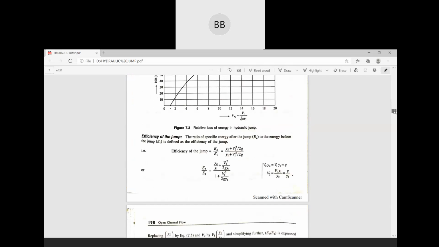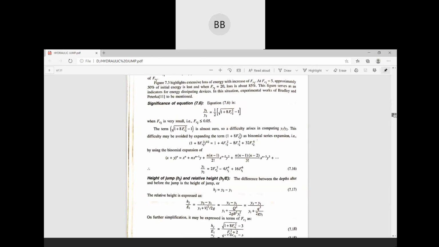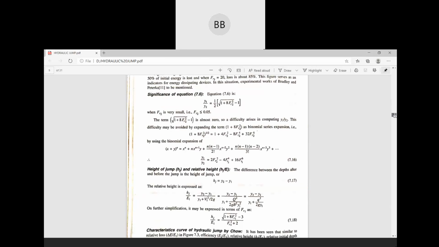Then efficiency of jump. Yes, okay, fine. Then we can directly move on to, I think, numericals, okay? I think height of the jump also we have discussed.